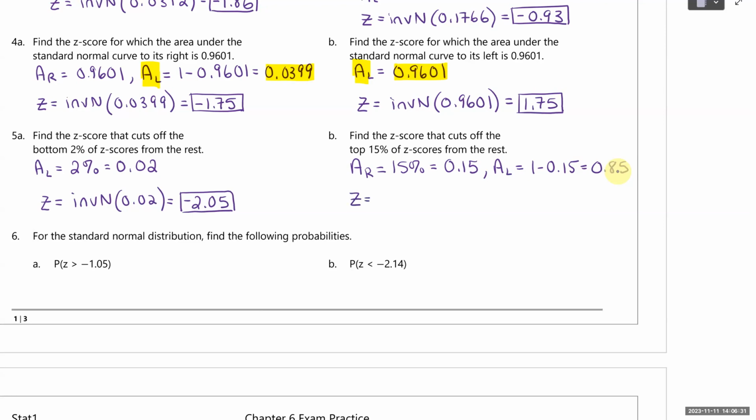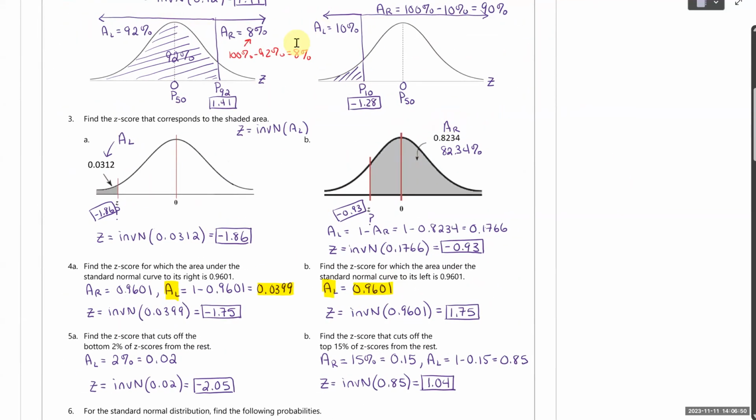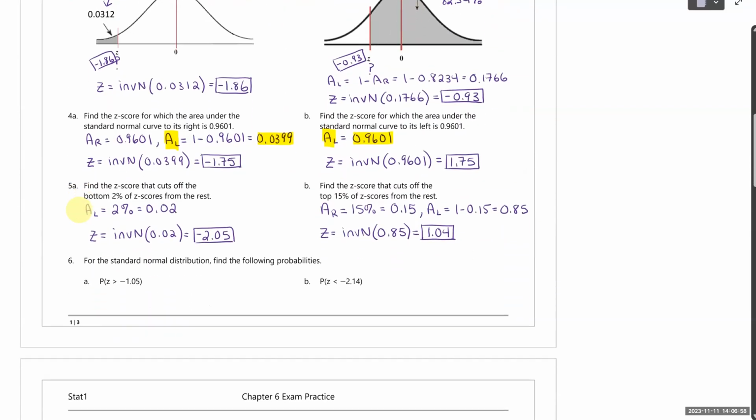And now you're allowed to inverse norm that area to the left of that z-score to learn that that z-score is 1.04. So I would love to draw pictures for everyone, but it does get kind of long that way. But the visuals often do help us see that our answers are correct and it's all kind of coming together and making sense.